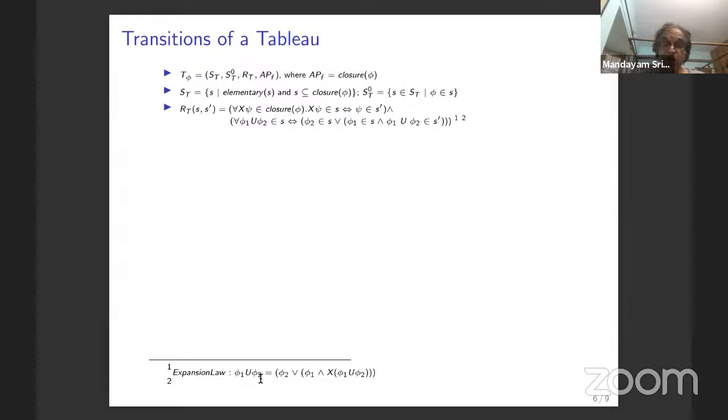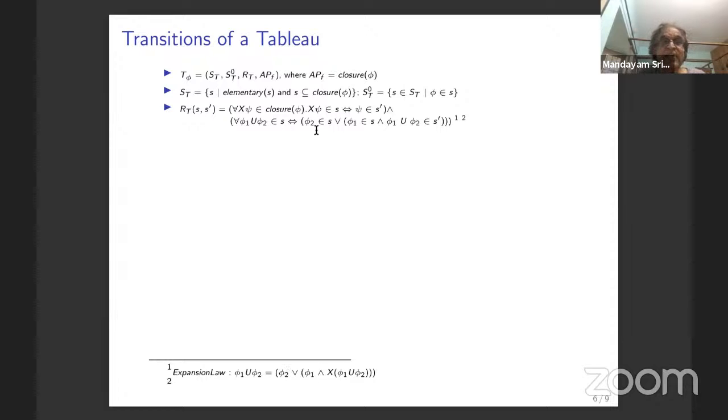It is equivalent to either phi2 is true right now, at the current point, or, if not, then phi1 has to be true, and in the next state phi1 until phi2 has to be true. This is the recursive semantics of the until operator, and this transition is defined to preserve this expansion law.